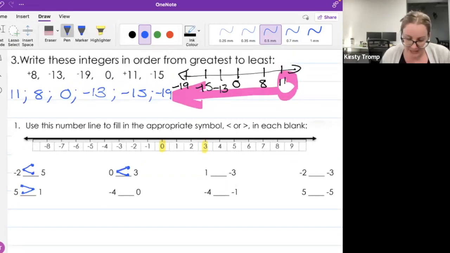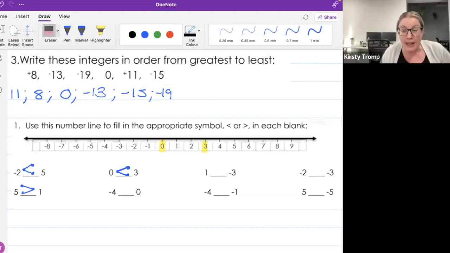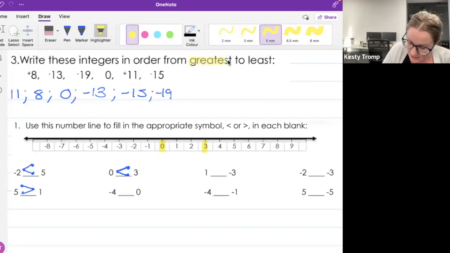That one over there, Unati? Wasn't the answer supposed to be minus 19 and minus 15, minus 30 and 0, 8 and 11? Oh, Unati, remember we are going from the greatest, so the biggest number, to the least, to the smallest.